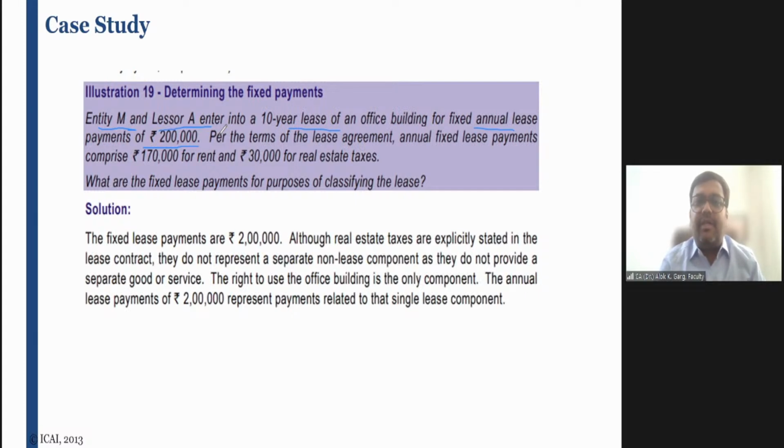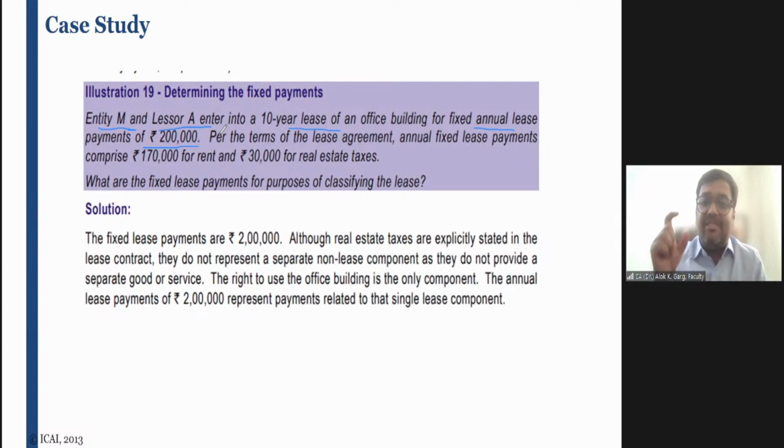As per the terms of the lease agreement, the annual fixed lease payment comprises 1,70,000 for rent and 30,000 for real estate taxes. So the lessor is collecting 2 lakh rupees from the lessee, and he is saying 1,70,000 for rent and 30,000 I am charging for real estate taxes.